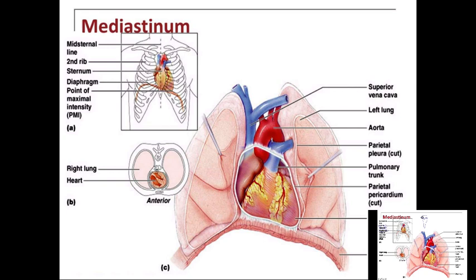But this region right here, let's make this a little bit bigger. Let's make it like that, okay? So this region here between the manubrium and the body of the sternum, right there, I'll make an arrow. This section here is the sternal angle.